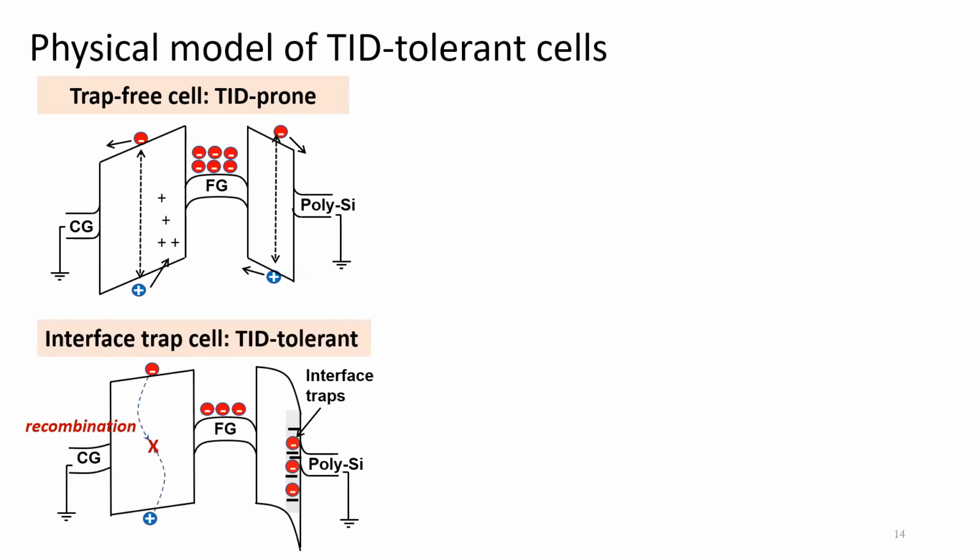But if you look at an interface-trap-dominated cell, if there are a lot of interface traps, then electrons will be stored in the interface during programming, and as a result, the electric field in the oxide will be much smaller for a trappy cell like this. Now, less electric field helps with radiation because after ionization of the blocking oxide, for example, electrons and holes will recombine and you will not see a net charge develop in the oxides. As a result, this interface-trap-dominated cell will be more radiation tolerant.